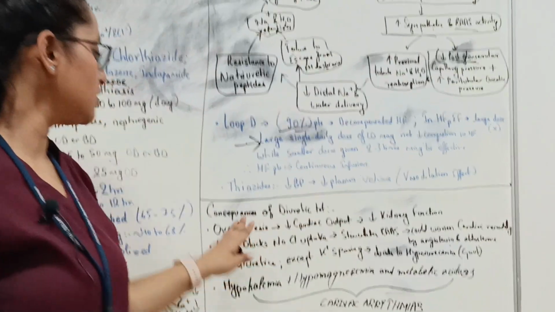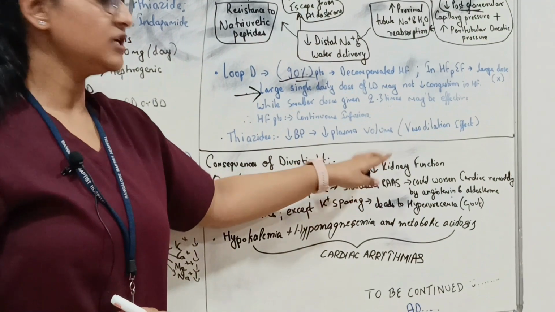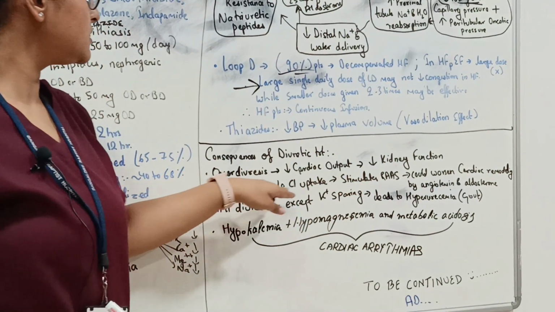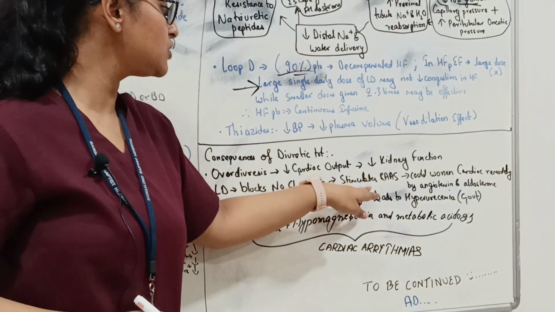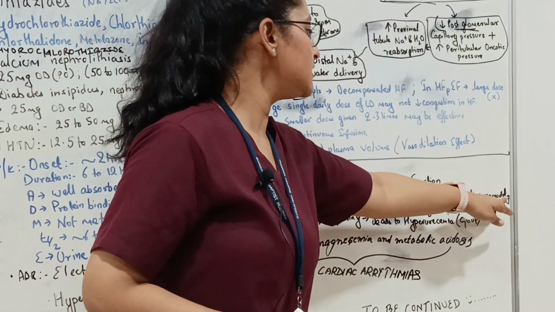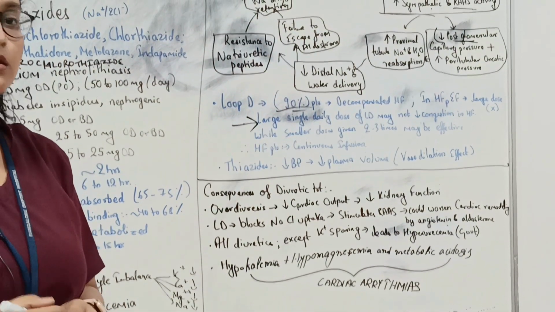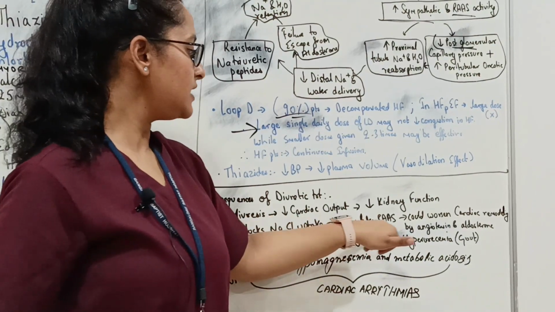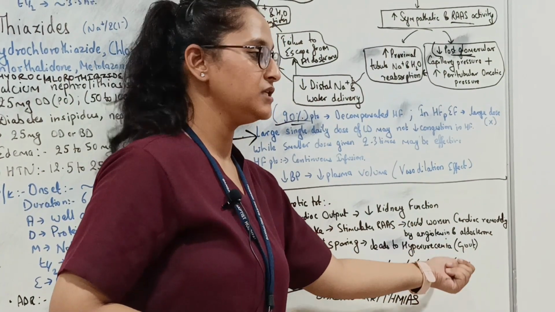Loop diuretics block sodium chloride uptake, which will stimulate the RAS, the renin angiotensin aldosterone system, which could worsen the cardiac remodeling by angiotensin and aldosterone.